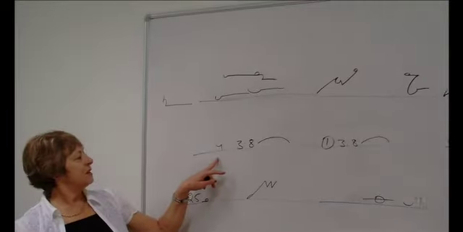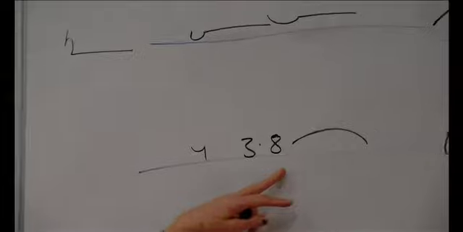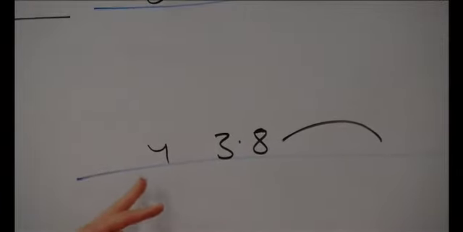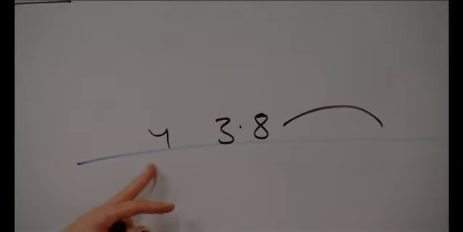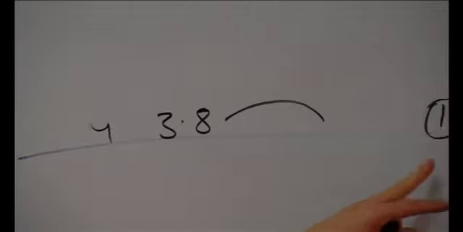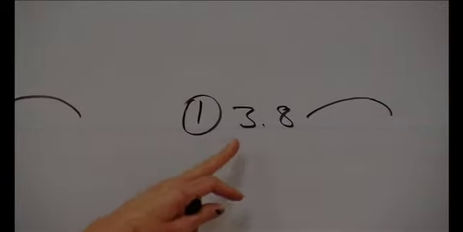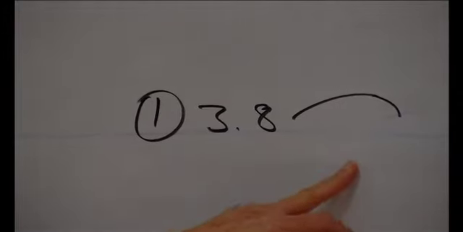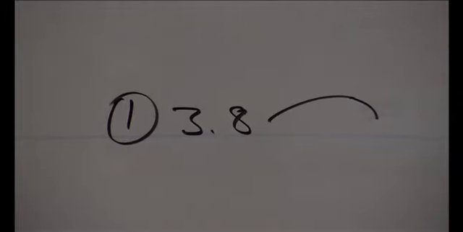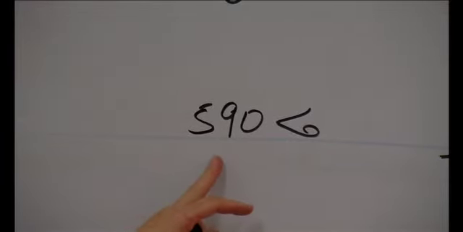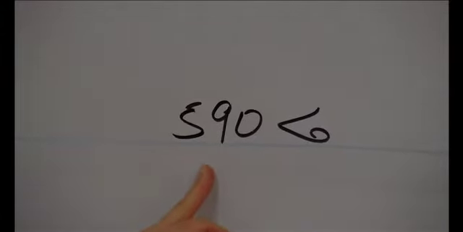Interesting, we had in the dictation 1, 3.8 metre. Now you can either do the 1 as a word, your ON, or if you're going to use the number, remember to circle it. So 1, 3.8 metre. So choose the one that makes more sense to you. We had the number 590 kilometres.